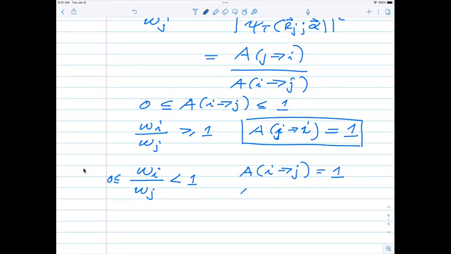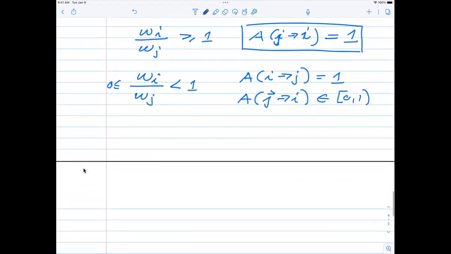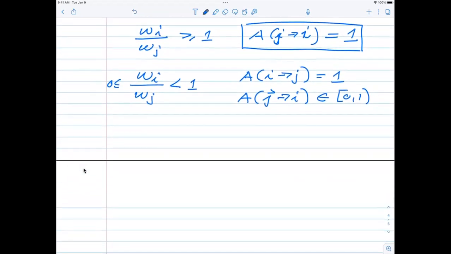And then we simply pick A of j going to i to be given by a random number between 0 and 1. So we would typically compare these ratios of probabilities with a random number, and if that ratio is smaller than 1, we just assign a random value to this Aij. So this is basically the Metropolis algorithm for making the transition.